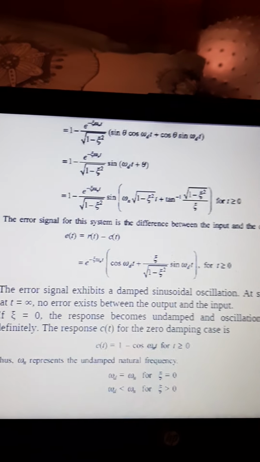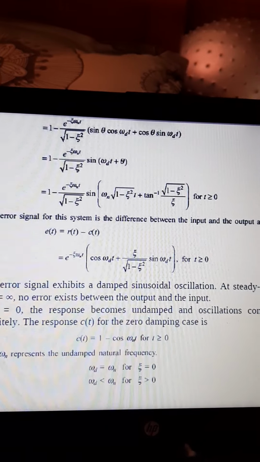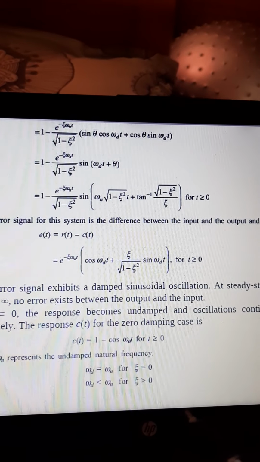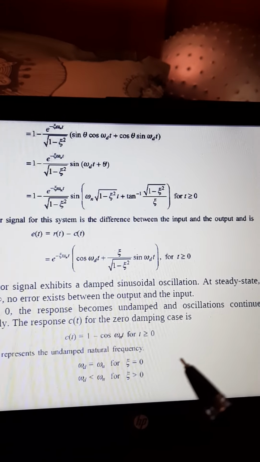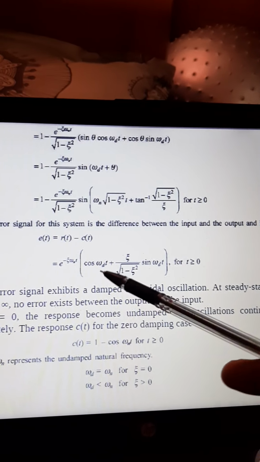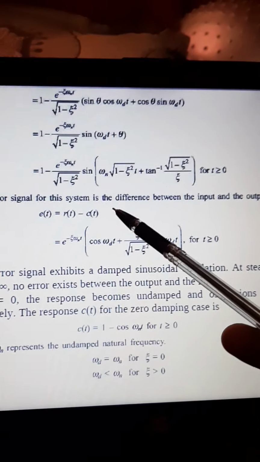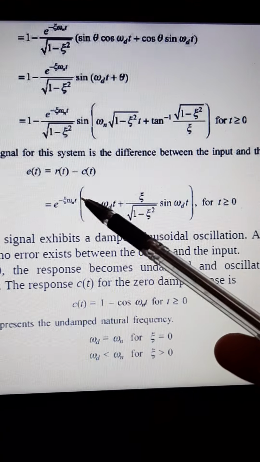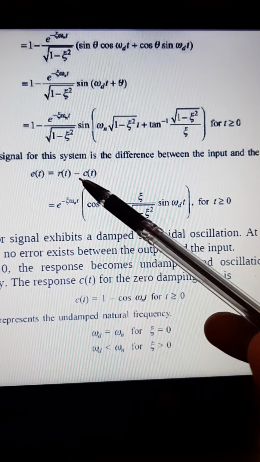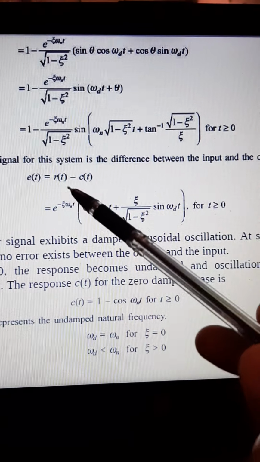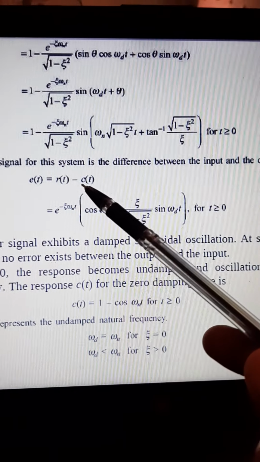Now the error signal for the system is the difference between the input and output, and the error signal e of t is equal to r of t minus c of t. I know e of t is r of t minus c of t.